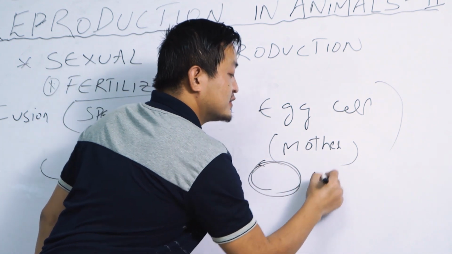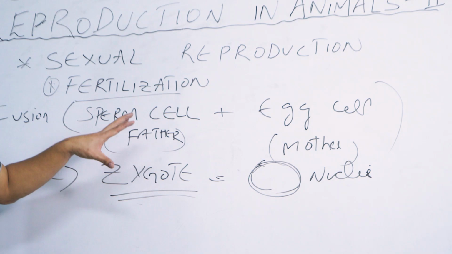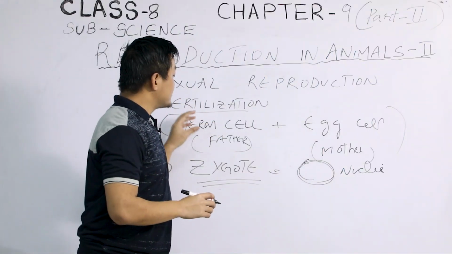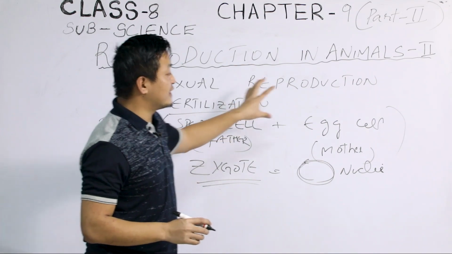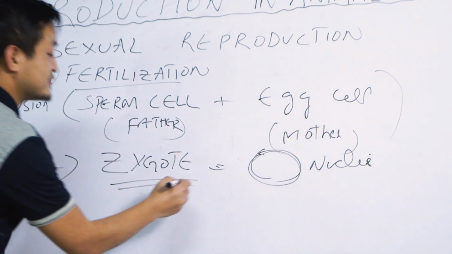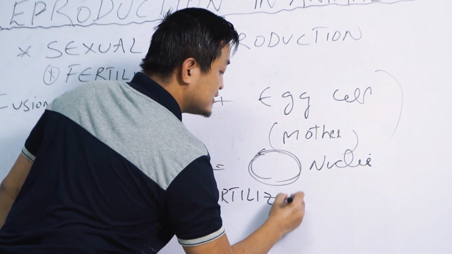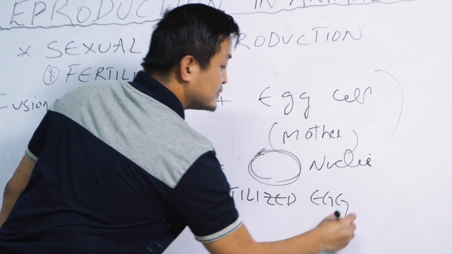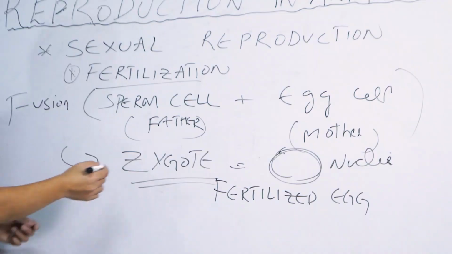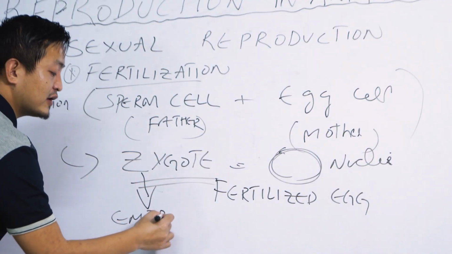The nuclei from the sperm cell and the egg cell combine to form a single nucleus. So this zygote is a fertilized egg.